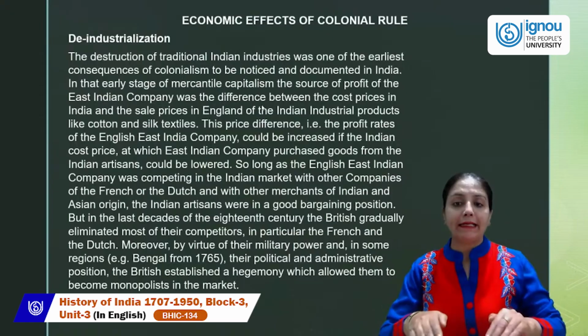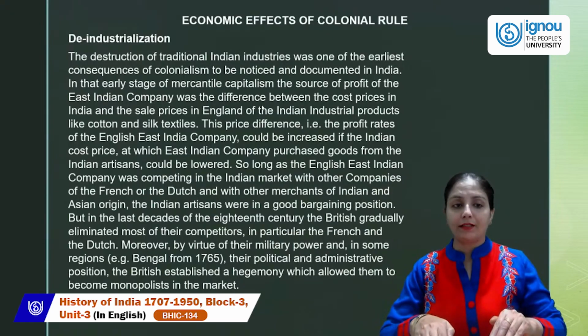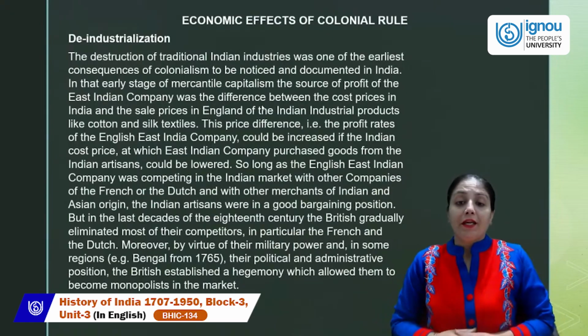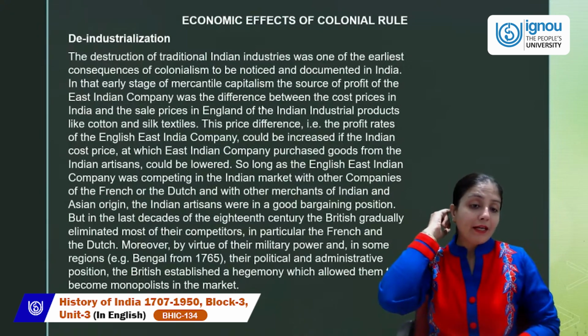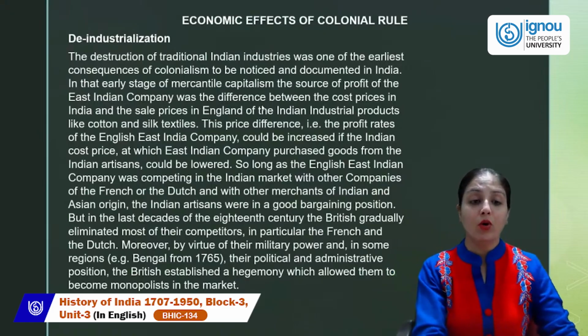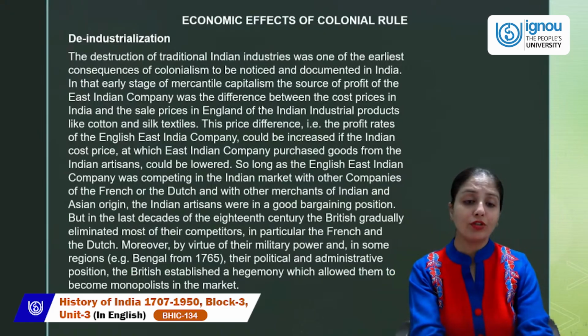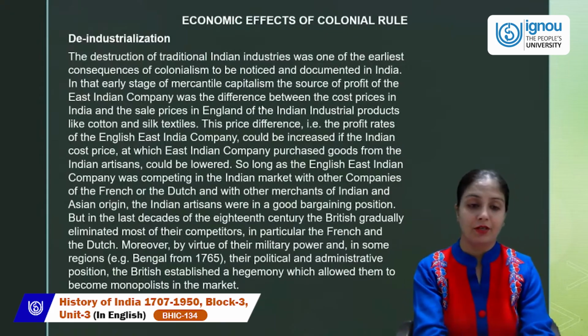So long as the East India Company was competing in the Indian market with other countries like the French or the Dutch and with other merchants of Indian and Asian origin, the Indian artisans were in a good bargaining position. But in the last decade of the 18th century, the British gradually eliminated most of their competitors, in particular the French and the Dutch.